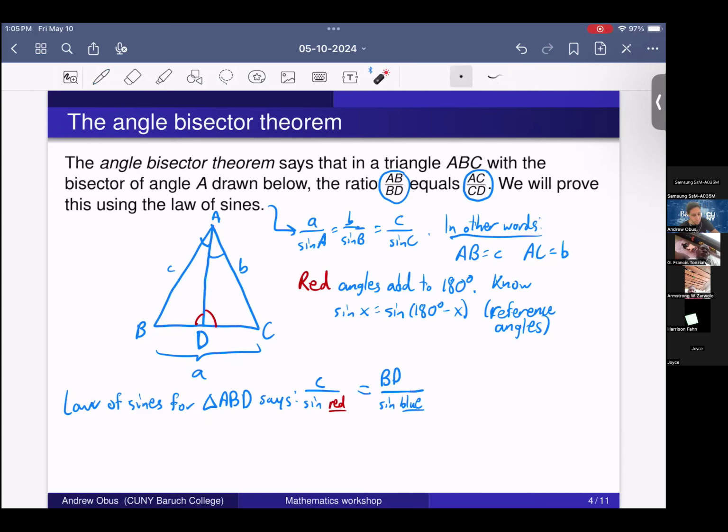It's also equal to this side over angle B, but we're not going to need that. In particular, C over sine of the red angle is equal to BD over sine of the blue angle. That's the law of sines applied to triangle ABD: the ratio of a side to the sine of its opposite angle is the same as the ratio of this other side to the sine of its opposite angle.